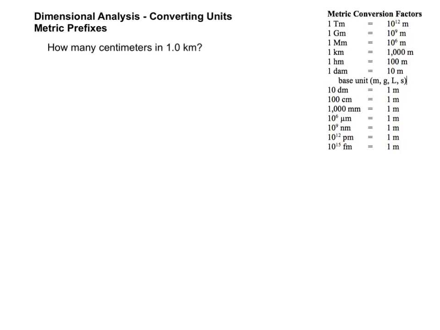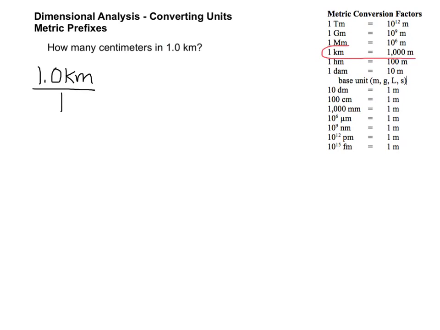In this problem, we're asked to find the number of centimeters in 1 kilometer. You always want to start with the amount that is given. So we'll include that here. Now 1 kilometer has no unit in the denominator, so I'm just going to write this over 1. Now our first step is to cancel the unit kilometers. So we're going to choose the conversion factor that converts kilometers to the base unit of meters.